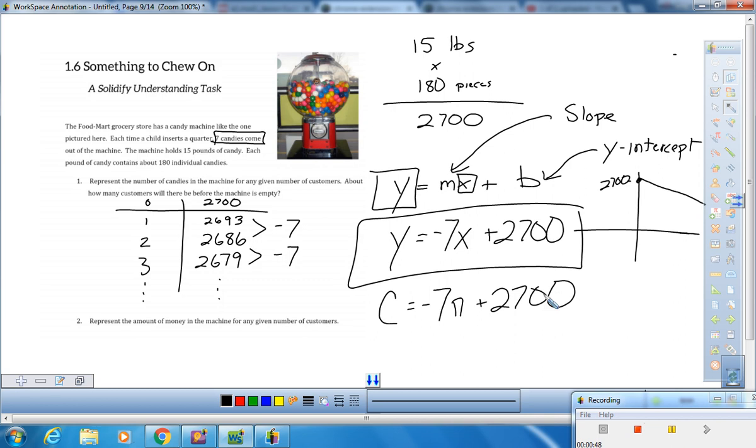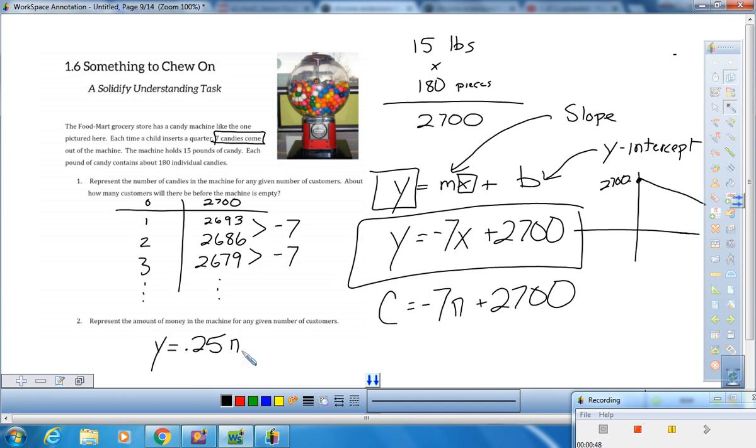Okay? Now, represent the amount of money in the machine for any given amount of customers. Well, I think it's just going to be the money. Is it a quarter each? A quarter each, so 0.25 times n.